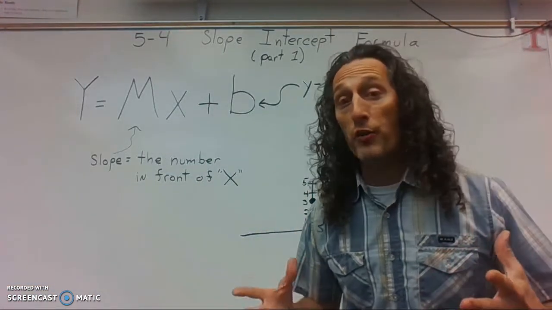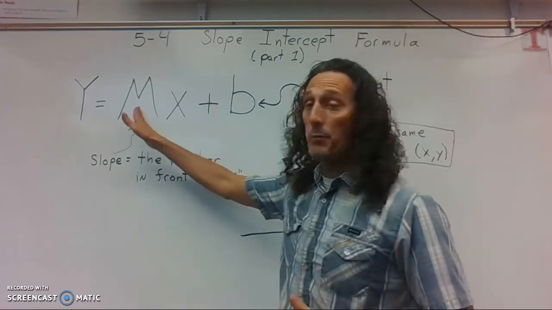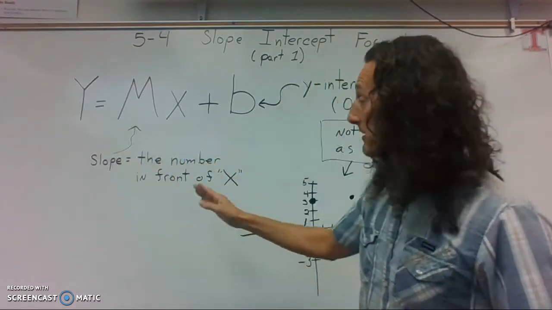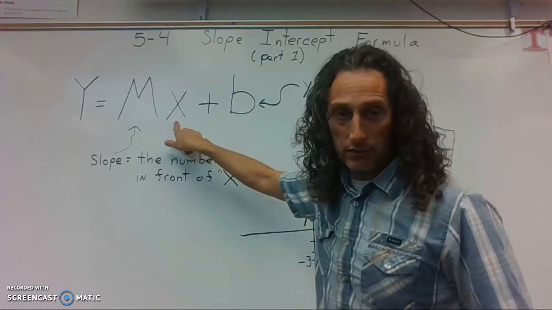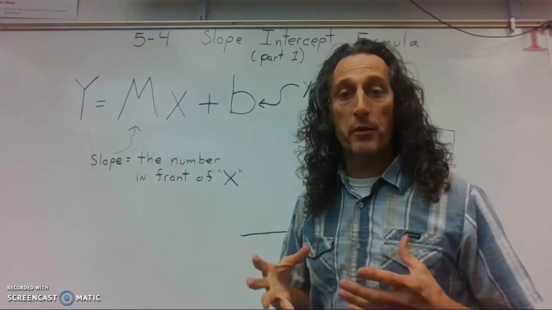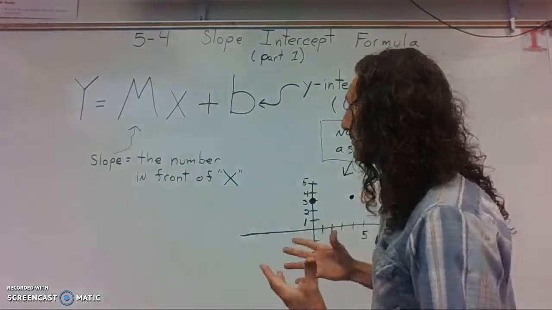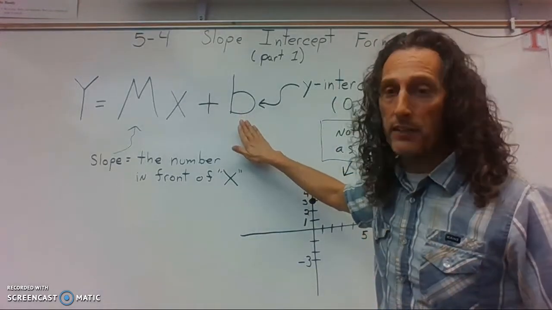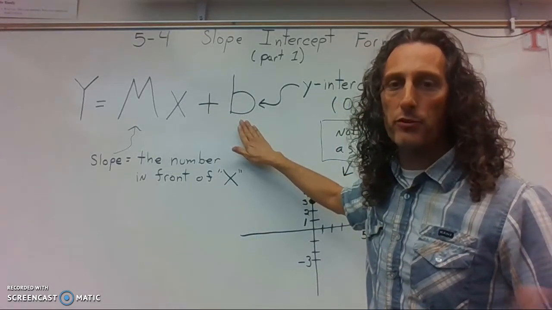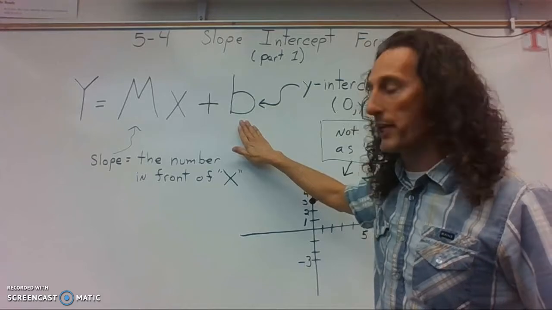Well, we should know that slope is represented by the letter m. So that's why it says slope. It's the number that's in front of the x. Okay, so slope is always represented by the letter m. Now we're going to have a new variable, and that's going to be the variable b. Doesn't matter if it's upper case or lowercase. Normally you'll see it lowercase.